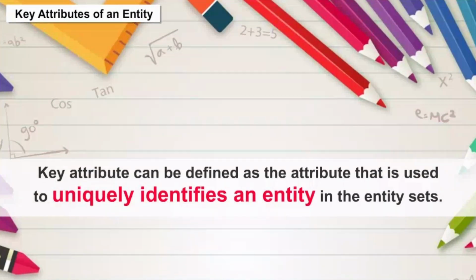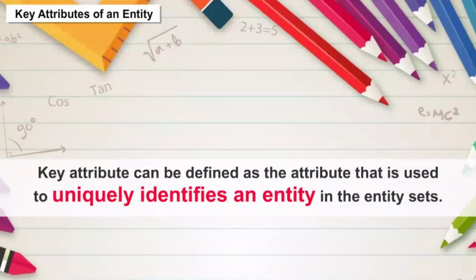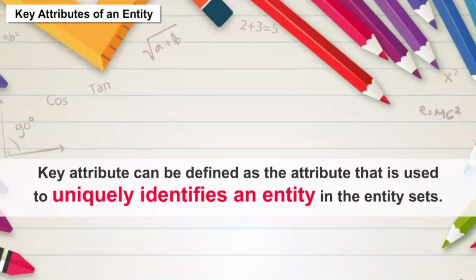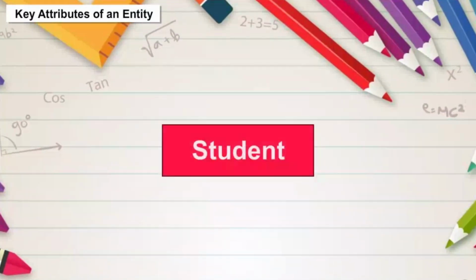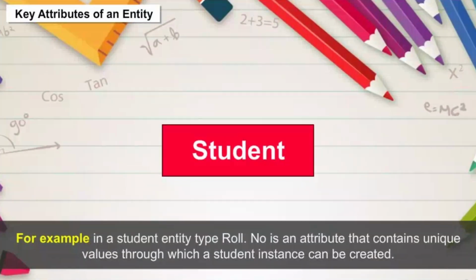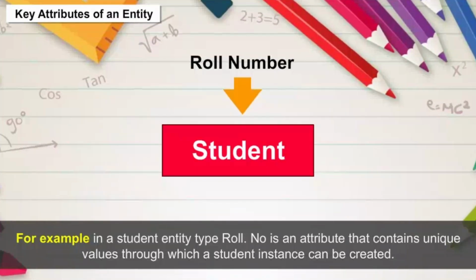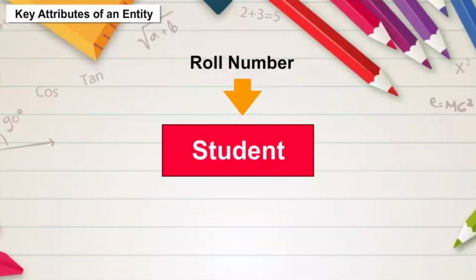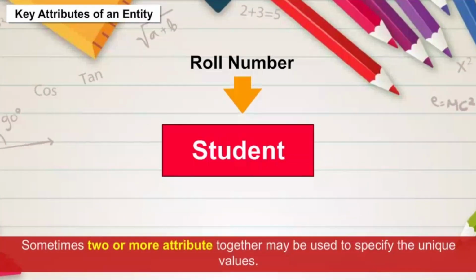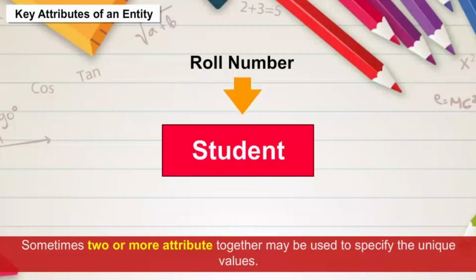A key attribute can be defined as the attribute that is used to uniquely identify an entity in the entity set. For example, in a student entity type, roll number is an attribute that contains unique values through which a student instance can be identified. Sometimes, two or more attributes together may be used to specify the unique values.